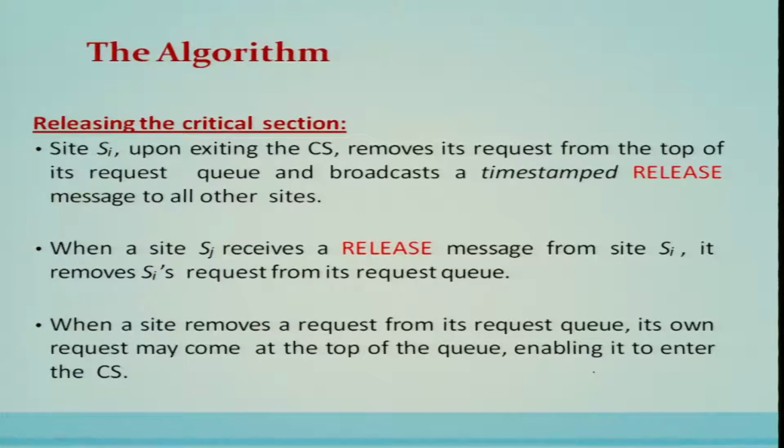Now, the third part of the algorithm says that once a particular process finishes the critical section execution, it has to release the critical section. So, upon exiting the critical section, site Si removes its request from the top of its request queue and broadcasts a timestamped release message to all other sites.